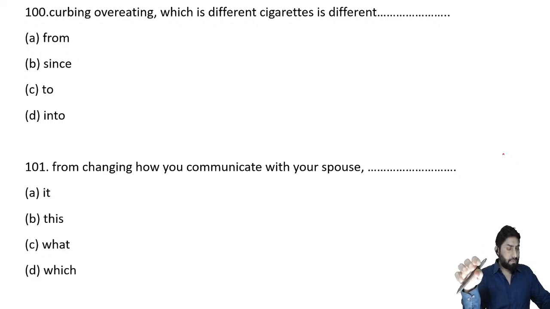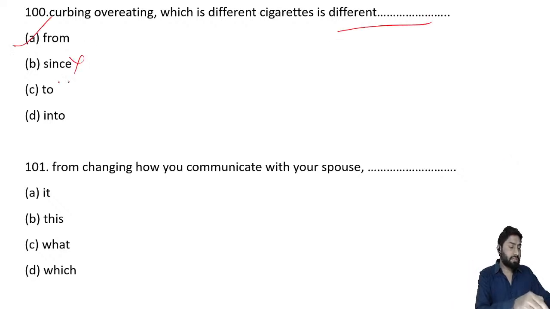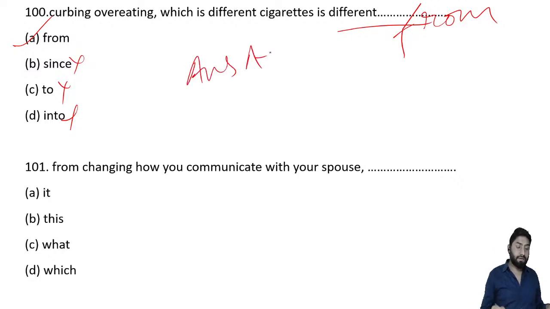is different. Different के साथ anyway from आता है, ये सब हमें पता है, since वगैरह ये सब नहीं होंगे. So different from, तो यहाँ का option तो ये है, कुछ typing में थोड़ी सी problem है. So different, you can see in your papers. So different from. So the answer here is A, right? So from changing how you communicate with your spouse.